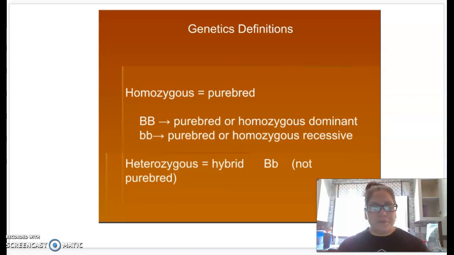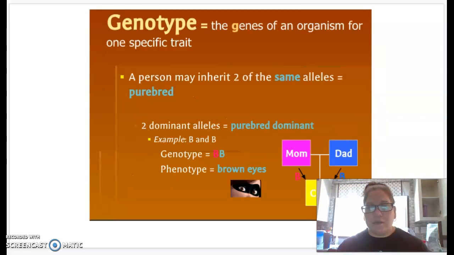So for example, we have here a person that has the same alleles. We have mom who has the phenotype of B, and we have dad who has the phenotype of B. Both of these uppercase or capital B's mean that they have a dominant allele and they are purebred dominant.